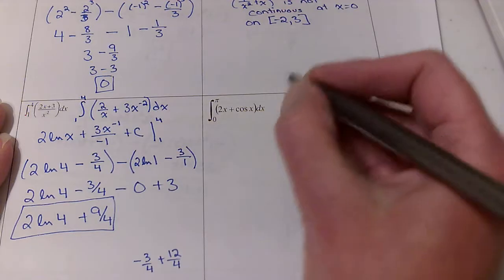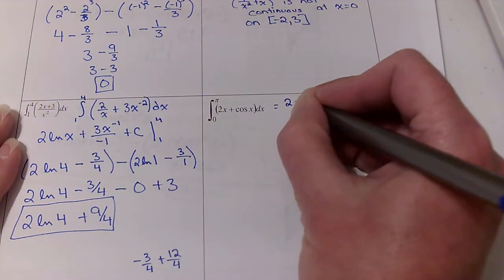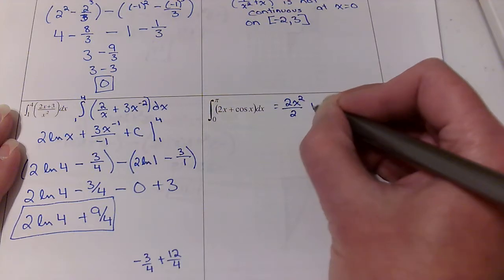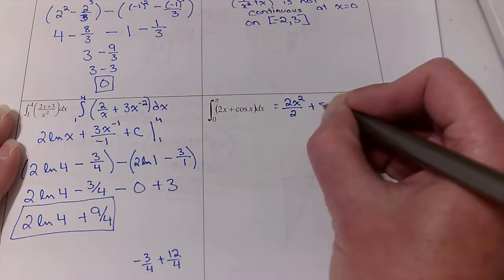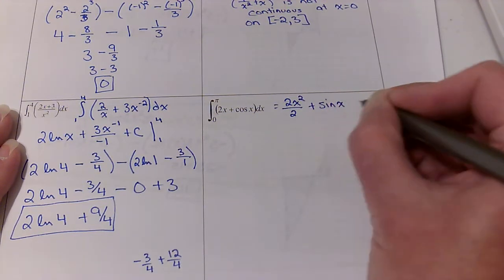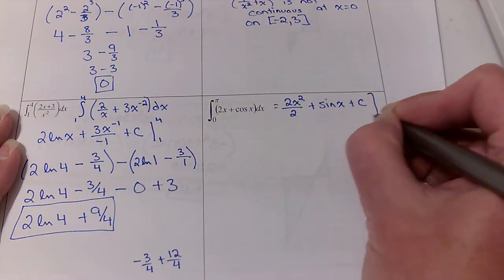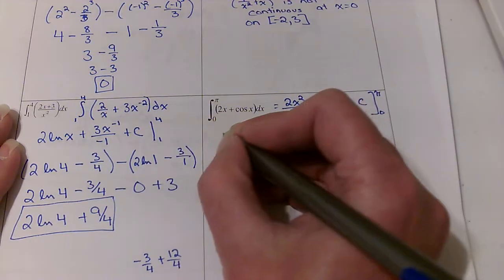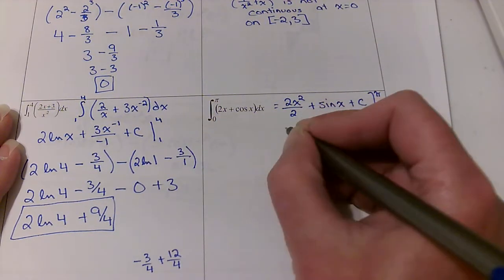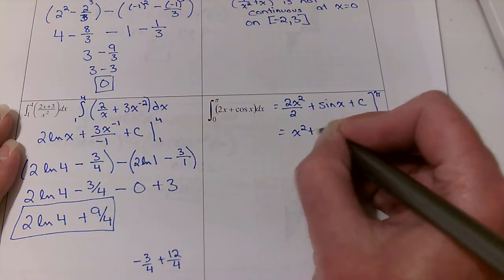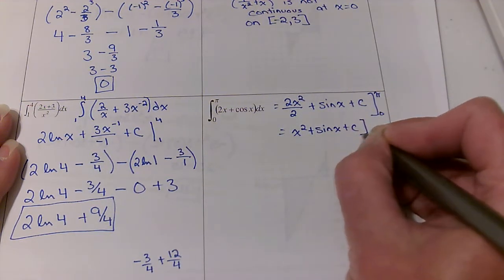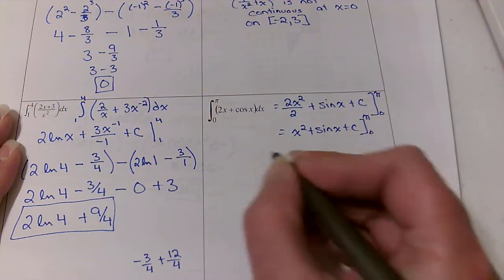2x plus cosine x. This is a good one to practice. Antiderivative of cosine is sine. We're going to evaluate this from 0 to pi. So this is x squared plus sine x plus c, 0 to pi.